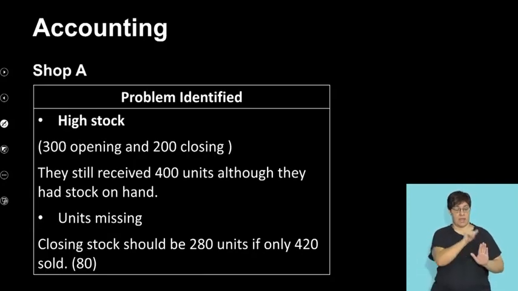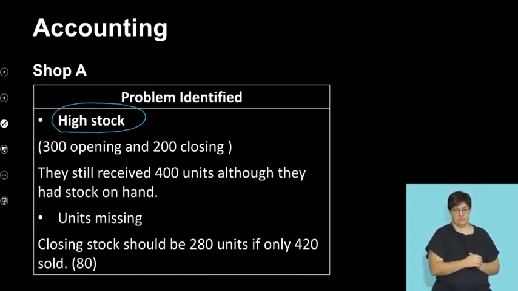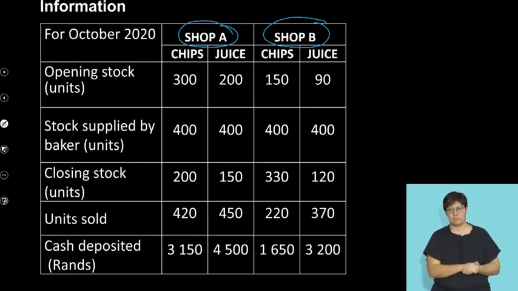So, shop A. What are we identifying as a challenge? It says here, high stock. Let's go back to the question and see what they are referring to. Your opening stock is 300, and your closing stock here is 200. That means the units sold were only 420.